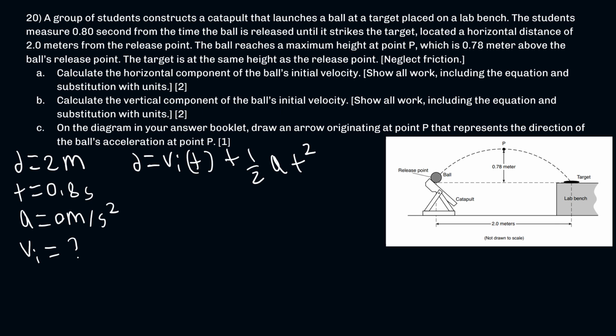Looking at the right portion, 1/2 AT squared, my acceleration is 0. Everything after the addition sign is being multiplied by that acceleration, so that whole part can be taken out, because anything multiplied by 0 is 0. All I'm left with is d equals VIT.